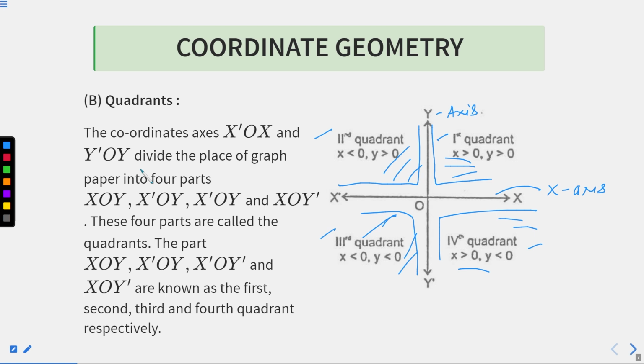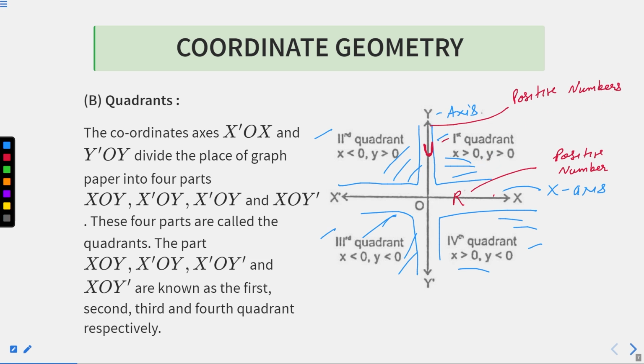If we see clearly, this is the right side and this is the upside. On the right side, we know the numbers are positive, and on the upside also the numbers are positive.